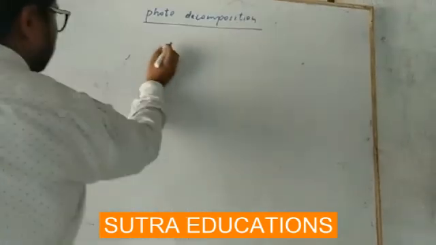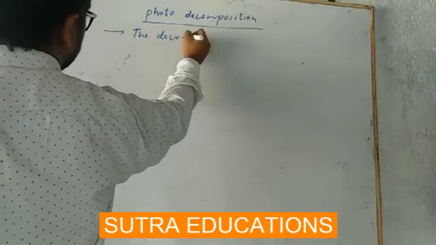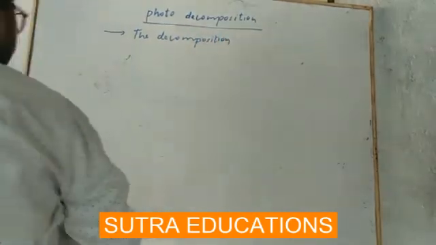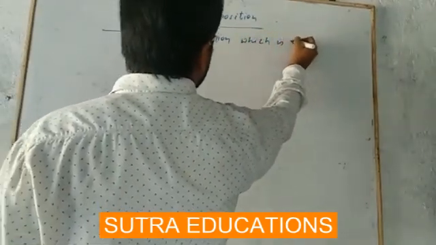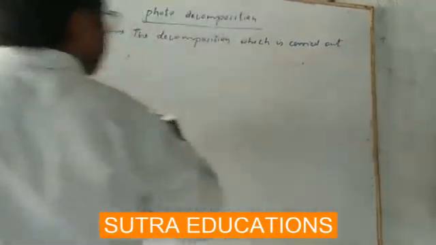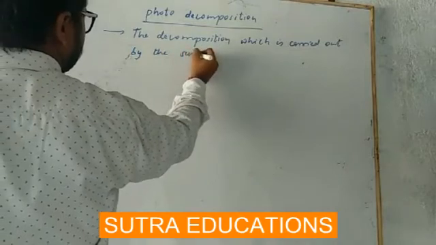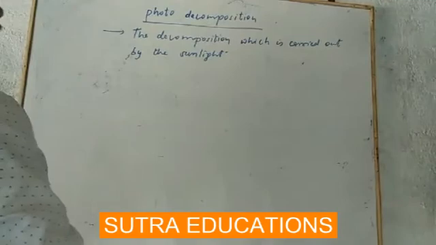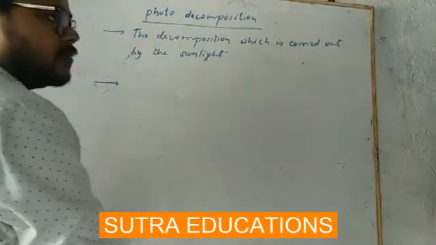What is photo decomposition? The decomposition which is carried out by the sunlight. Okay, now take some example of photo decomposition.